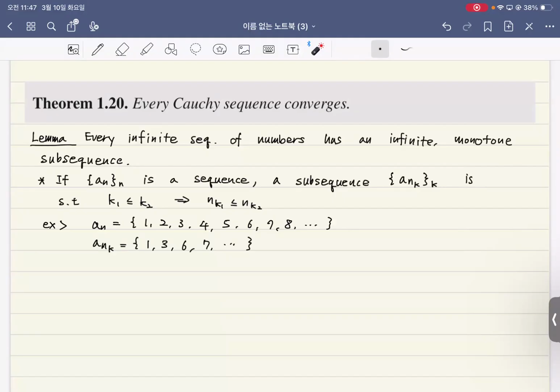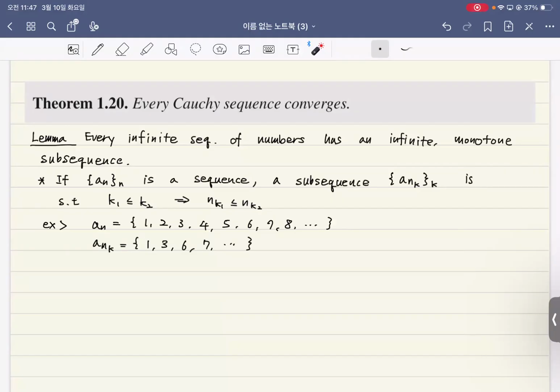So then, on the third attempt, you try to find another infinite increasing subsequence beyond this point. And if you succeed at any of these attempts, then you are able to find an infinite increasing monotone subsequence. However, if infinitely many attempts all fail, then the first upper bound, the second upper bound, the third upper bound, and the fourth upper bound are going to form a decreasing sequence, right?